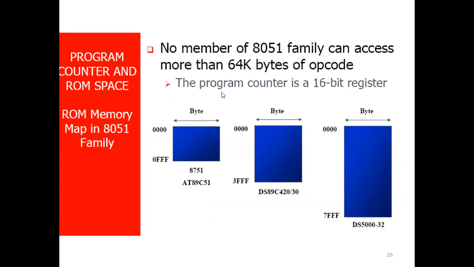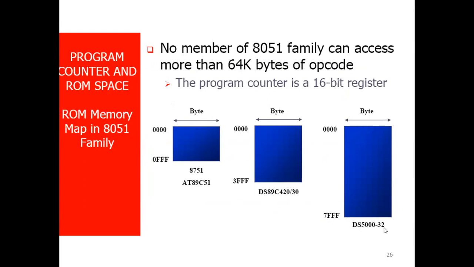Some of the ROM memory maps: the 89C51 has addresses from 0000H to 0FFFH. The DS89C420/30 series has 0000H to 3FFFH.